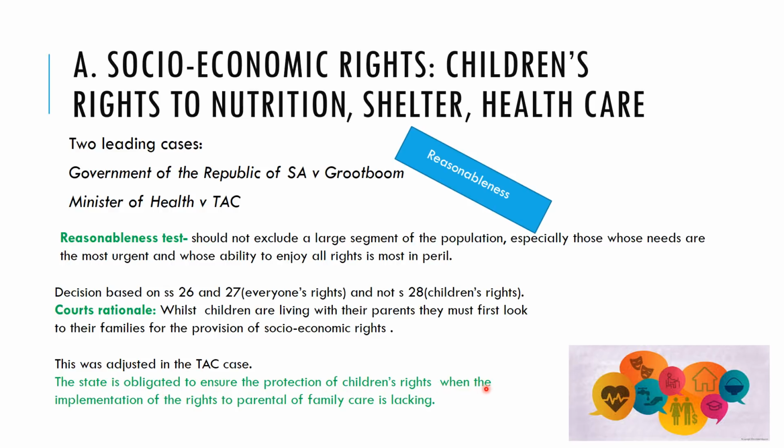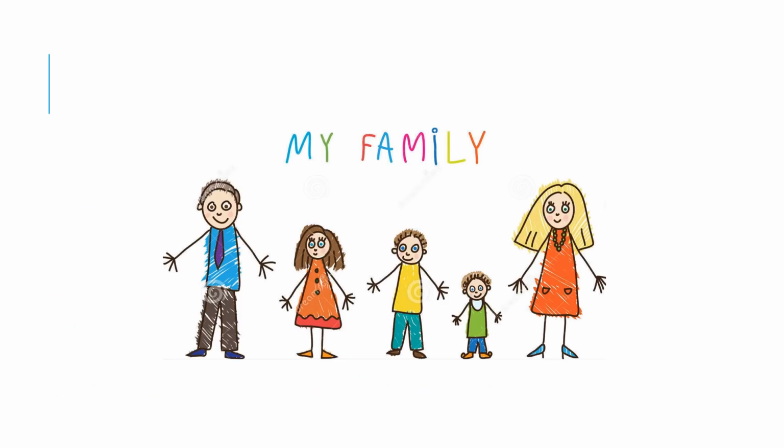Here the court determined that the state is obligated to ensure the protection of children's rights when the realization of the right to parental or family care is lacking. Whilst Grootboom had stated that children living with their parents will have to look to their parents rather than the state for the fulfillment of their rights, this position was adjusted in the Treatment Action Campaign case. Here the court based its findings on Section 27 but utilized Section 28(1)(c) to adapt.